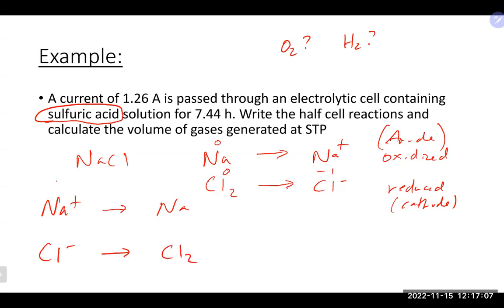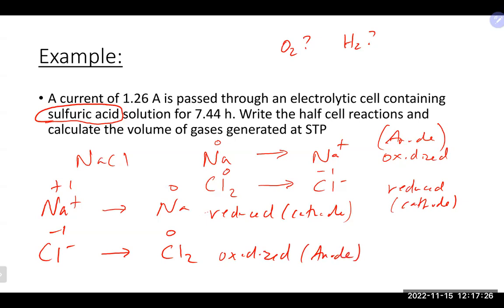So going from +1 to 0 means it is being reduced and would be our cathode. And going from -1 to 0 means it's being oxidized and would be our anode. So remember, our cathode and anode are opposite of when you put it together, when you're breaking it back apart into its elements.